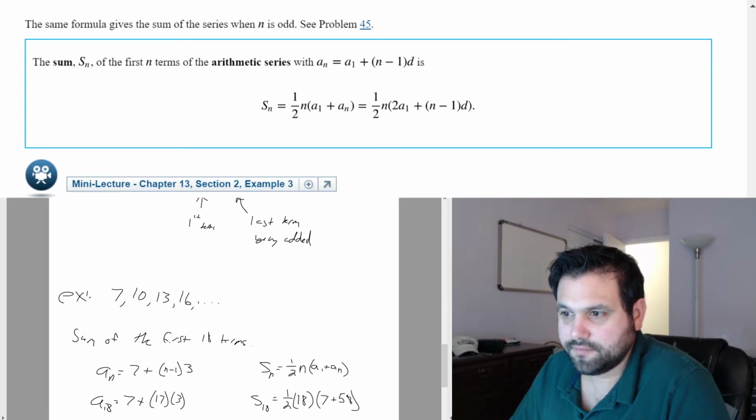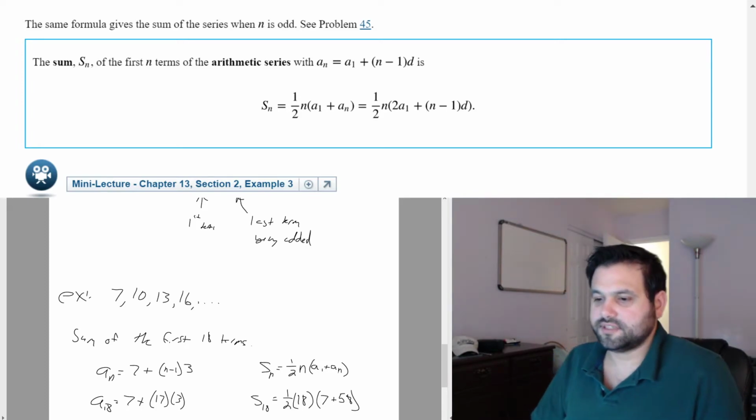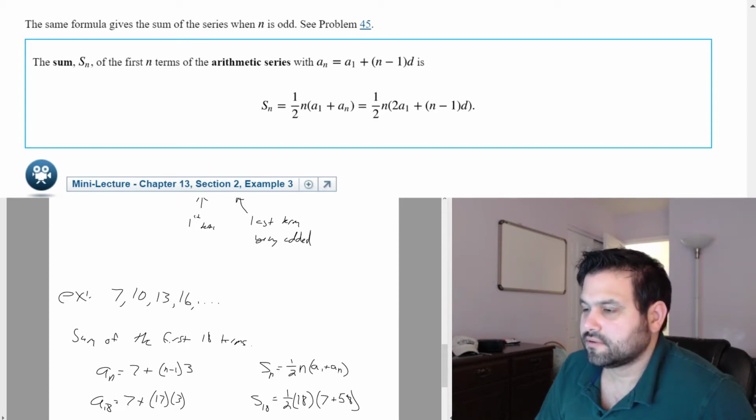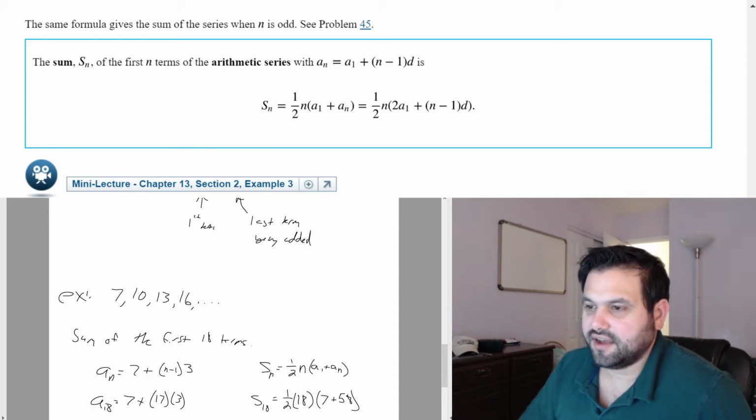And so the sum of the first 18 terms of the sequence is, well, let's see, 7 plus 58 times 18 times 1/2 is 585.